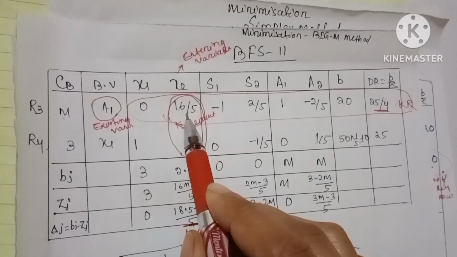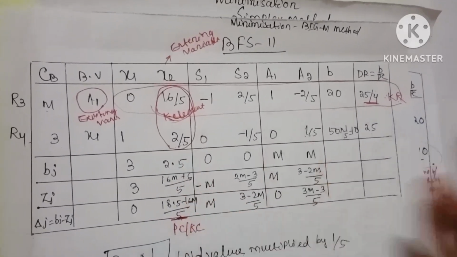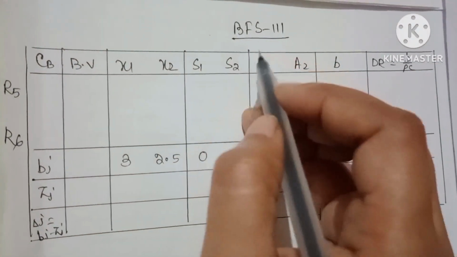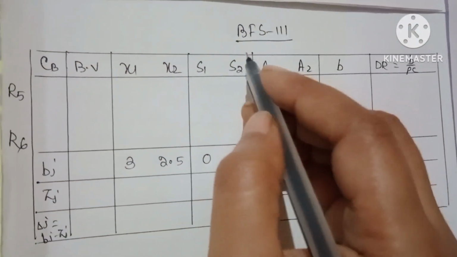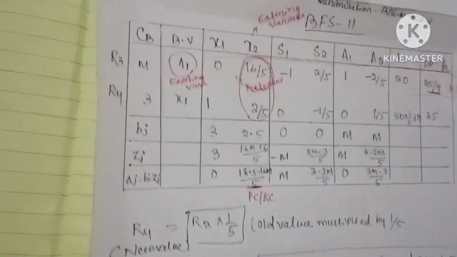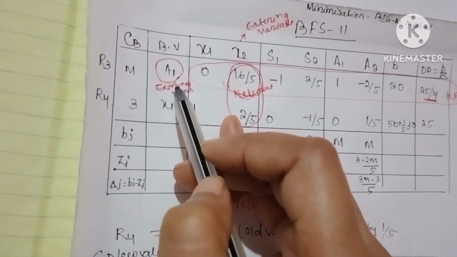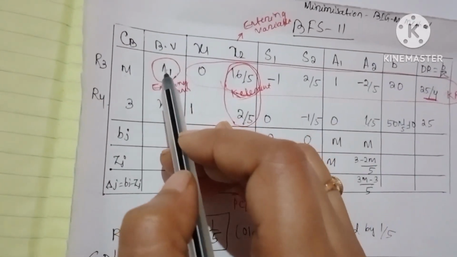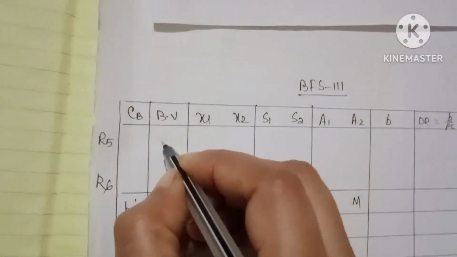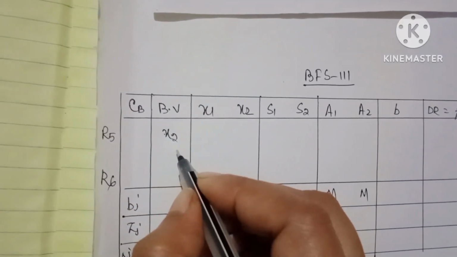So we have to make this one 1 and this one 0. Okay, so let's formulate BFS 3. As you know, in the second BFS, a1 will be the outgoing variable and x2 will be the entering variable. So here x2 enters and a2 goes out.